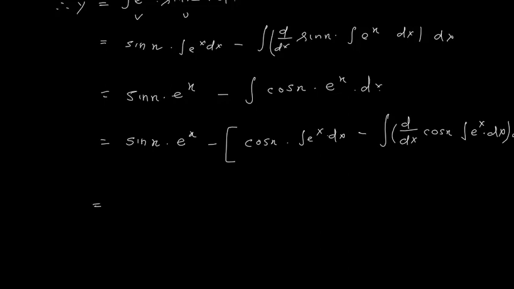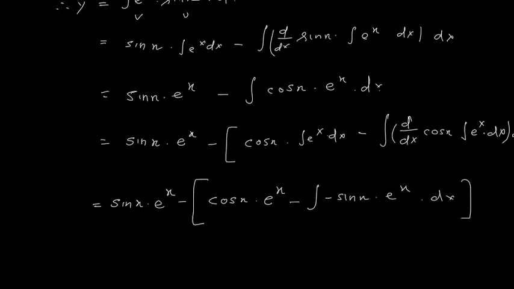is equal to sin x into e^x minus, here it is cos x into the integral of e^x, which is e^x, minus, the derivative of cos x is minus sin x, so inside the integration I have minus sin x into e^x dx.